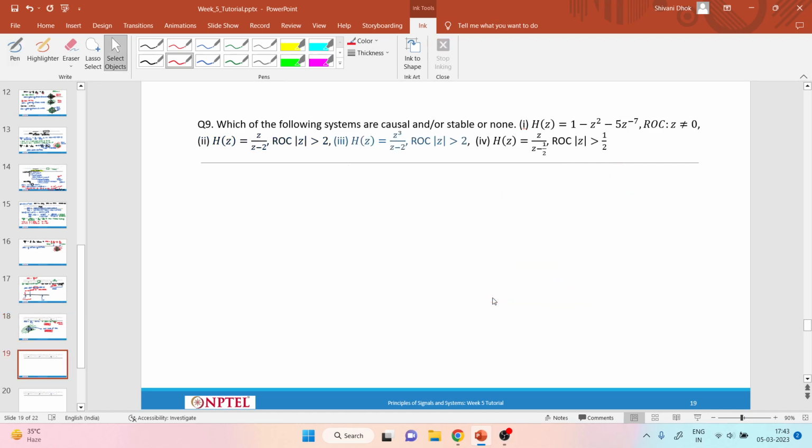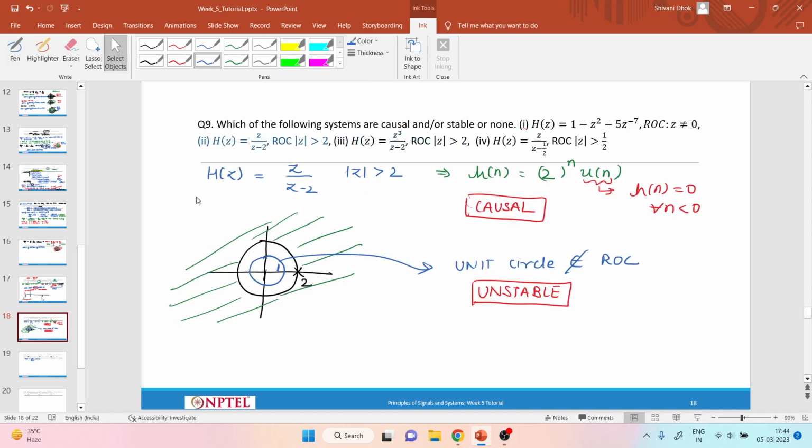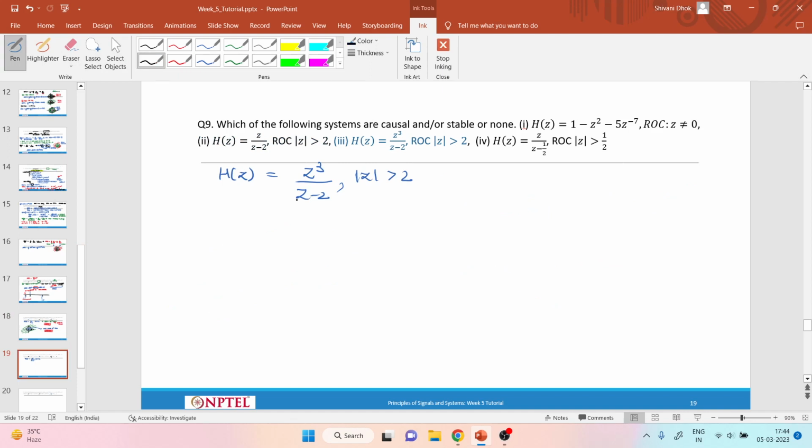Now let us look at the next part. Here h of z is equal to z cubed upon z minus 2, magnitude of z greater than 2. Now the region of convergence is the same as that of this. So for convenience, I'll just draw it again.